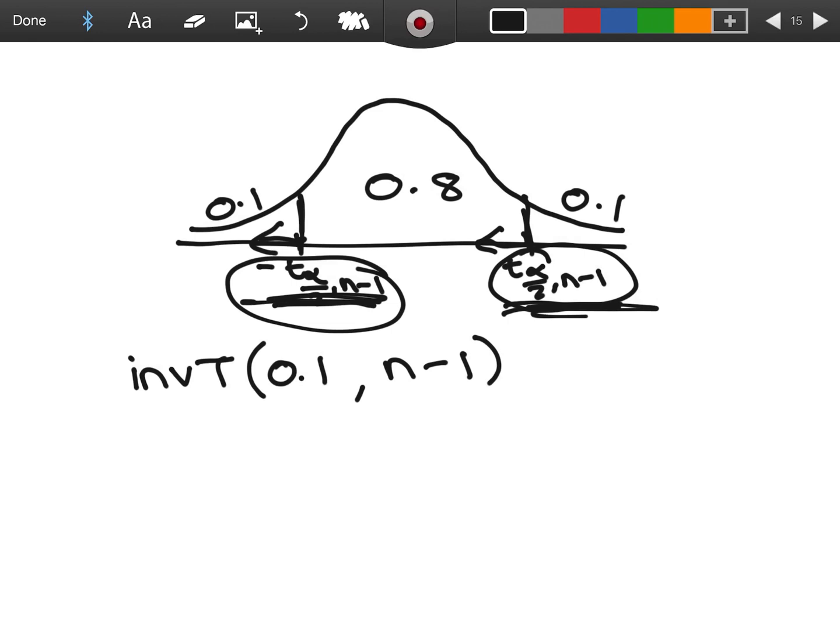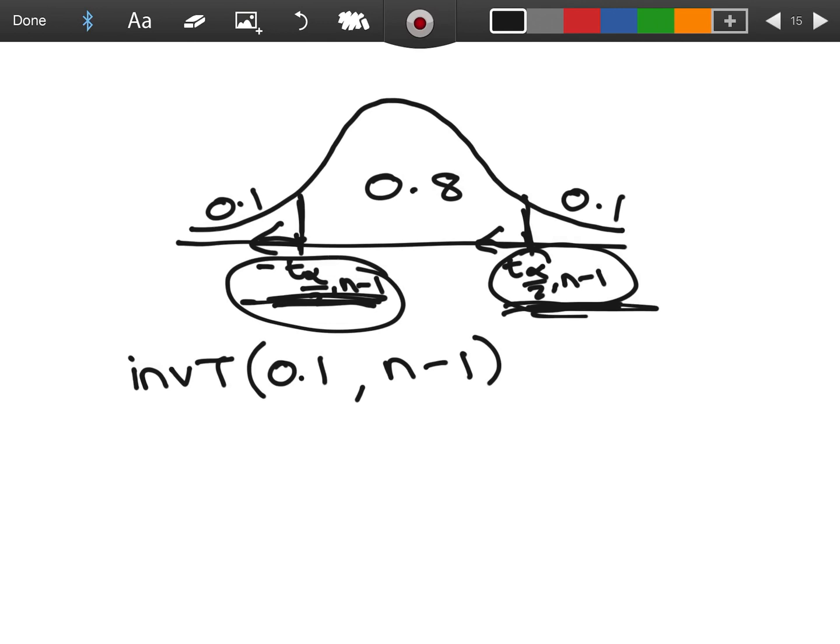But again, when you do these problems, there is a way simpler way of doing this. If you go into your calculator, go into stat and go to tests, right underneath where we've looked at z interval, there is a t interval. If you click on that, again, it will give you the same type of thing as before. It will ask you if you are looking at a list of data or if you are looking at statistics.